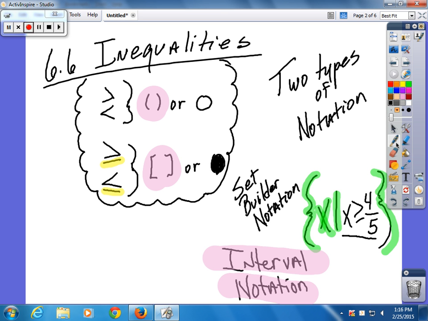Now, I also put negative infinity and positive infinity, because can you touch infinity? No. If you can't touch infinity, then parentheses go on infinity and negative infinity no matter what.